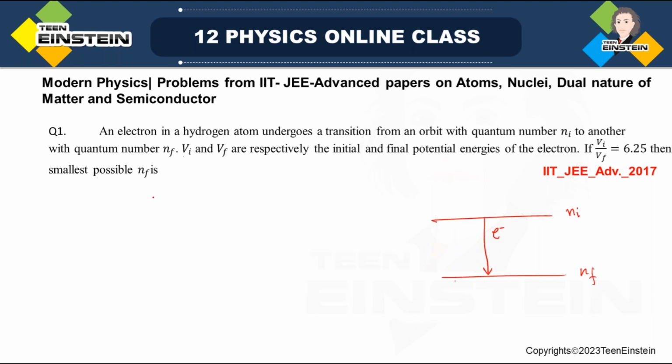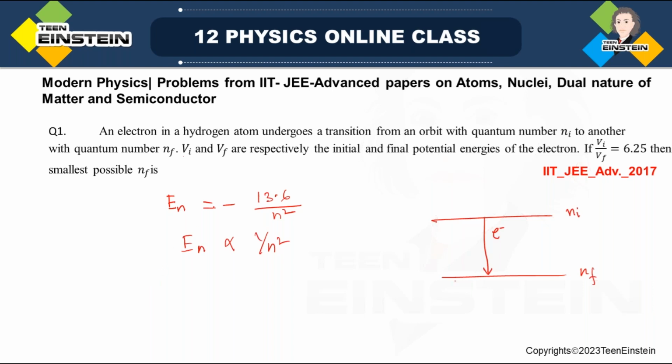So look here, we need to understand that energy of hydrogen or hydrogen-like atom, here it is hydrogen, so hydrogen in general has energy minus 13.6 by n square. If we take the magnitude, we can say that E is directly proportional to 1 by n square.